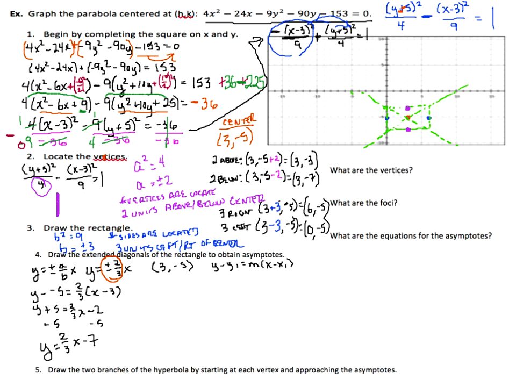Let me get a different color, yellow. That's this asymptote. And notice it goes through -7 as its y-intercept. On the y-axis, it goes through -7. So here's your y-intercept right here.